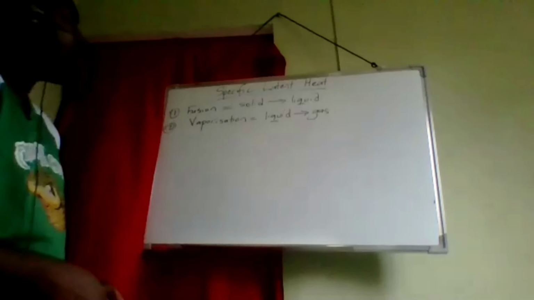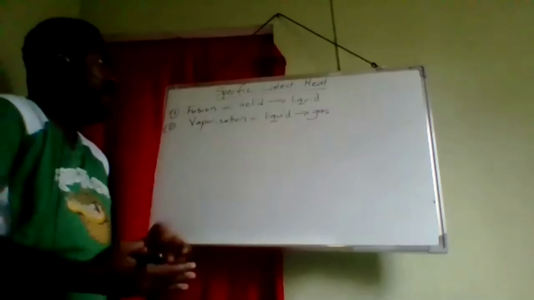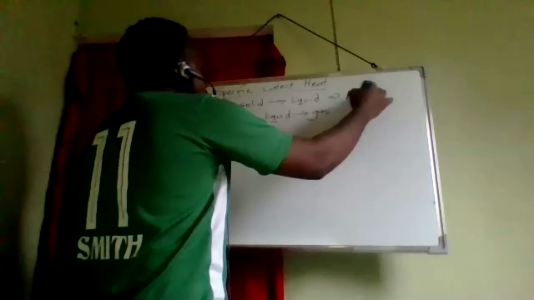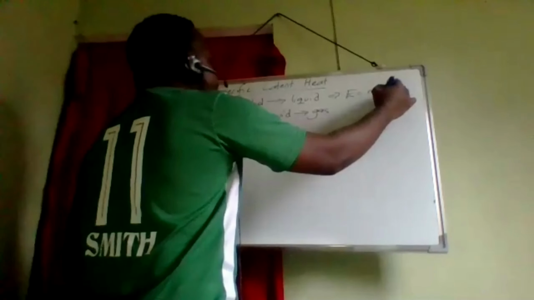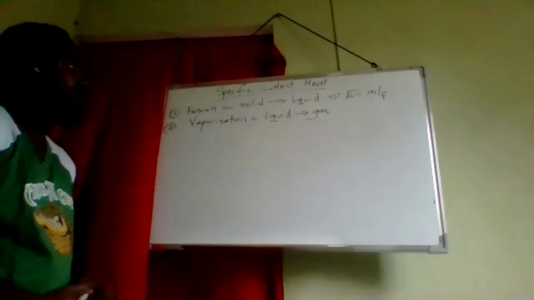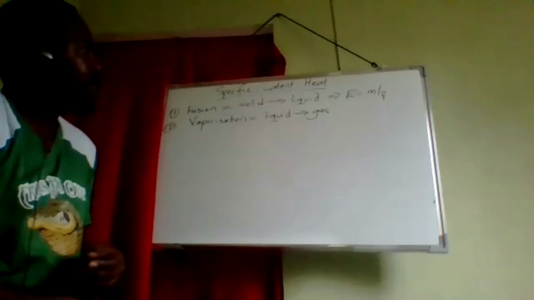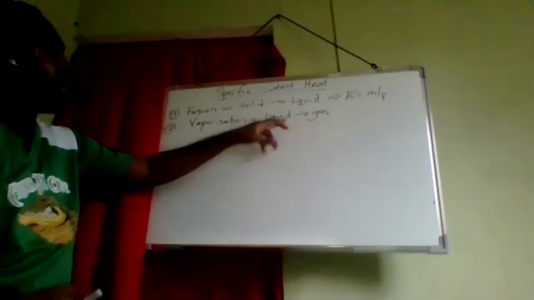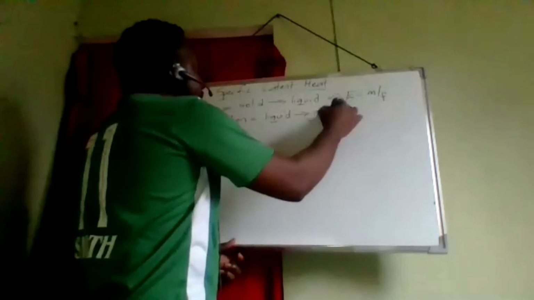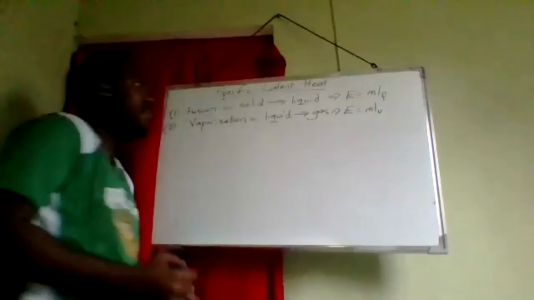Remember, once there's a change in state, temperature always remains constant. So we have E is equal to mLF, where LF is your latent heat of fusion. And for vaporization, it's the heat required to change 1 kilogram of a liquid to gas without a change in its temperature, and this is E is equal to mLV.